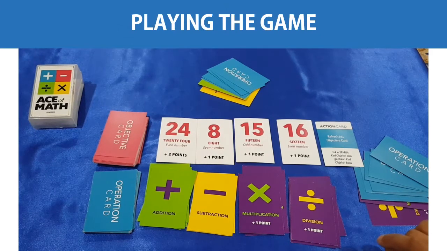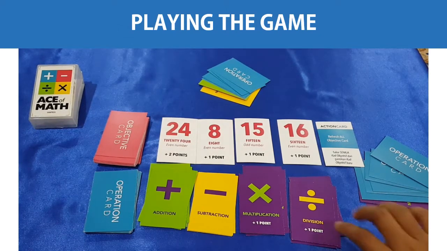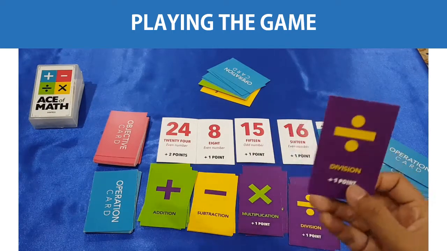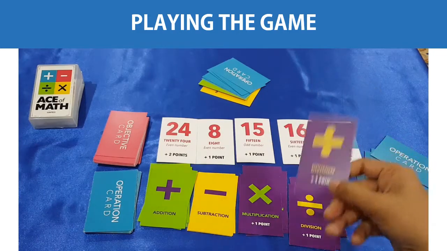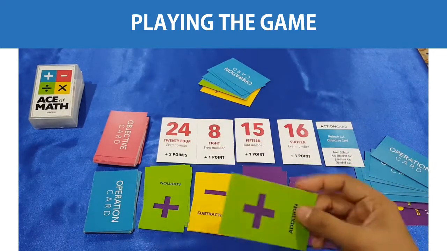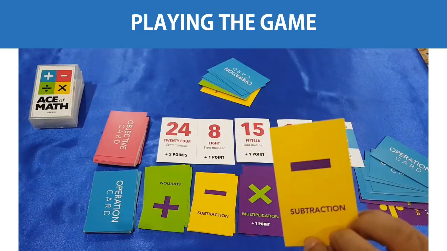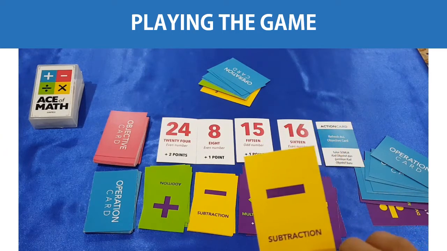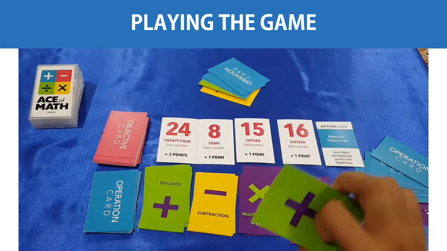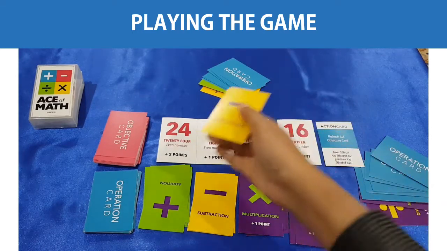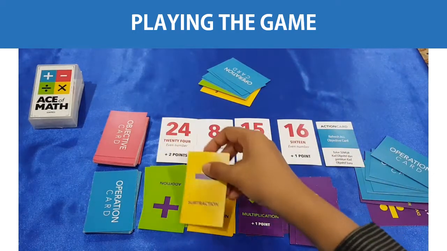Players should note that the mathematical operation cards have two sides. For example, this card has two sides for division and multiplication, and this card has a side of addition and subtraction. So players need to be aware and strategize whether to use any of the sides in order to solve the objective here.